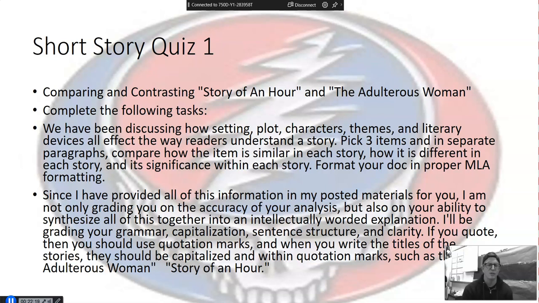And when you write the titles of the stories, they should be capitalized and within quotation marks, such as "The Adulterous Woman" and "The Story of an Hour." This comes from the handout, which is actually the assignment, and I'll show you where to find that in a moment. So I'm grading your writing and your style. If you watch those 2 videos, then all the answers are there. You just have to write about them in a way that's clear and concise.